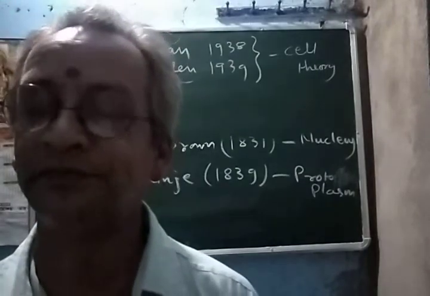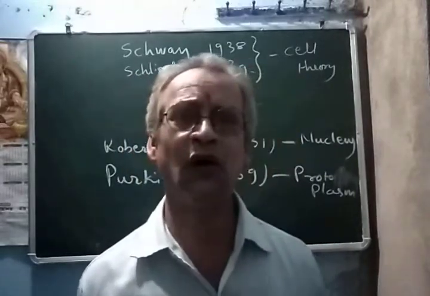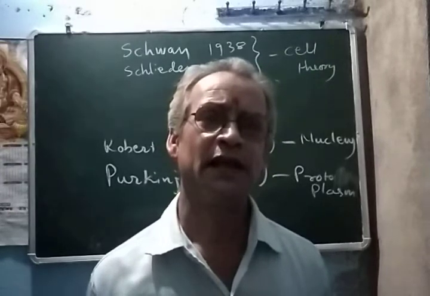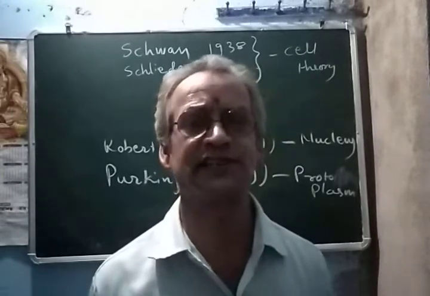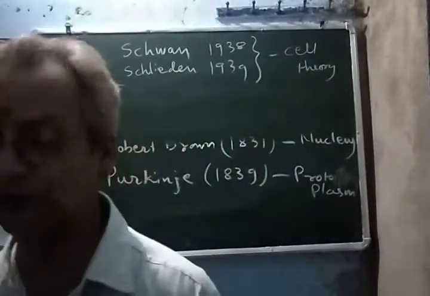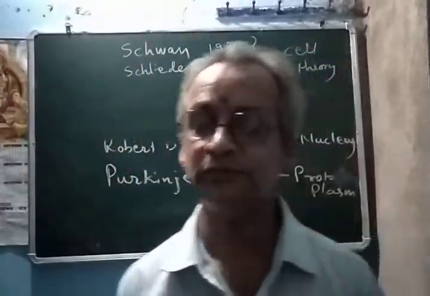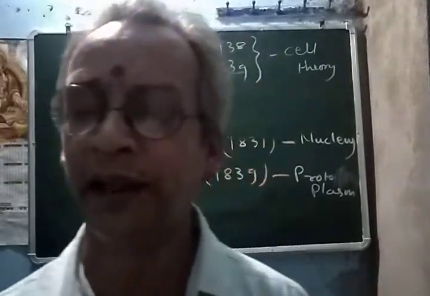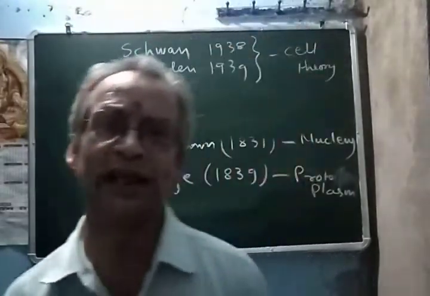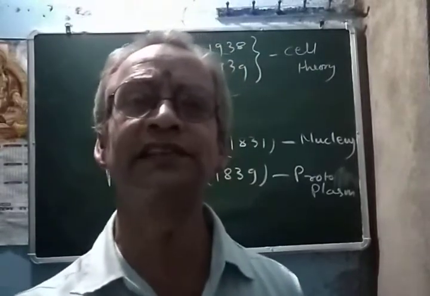So all cells come from pre-existing cells after cell division. This is also known as cell theory.